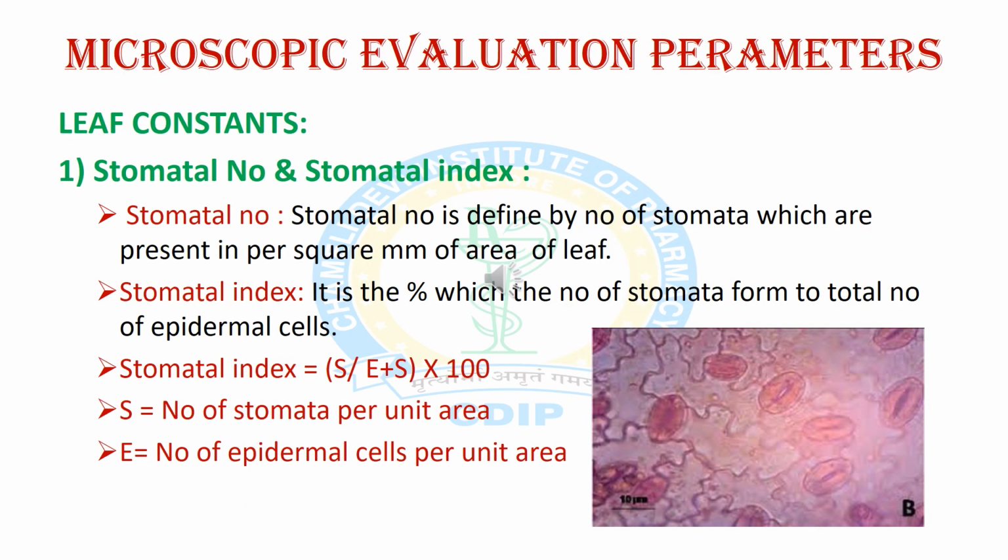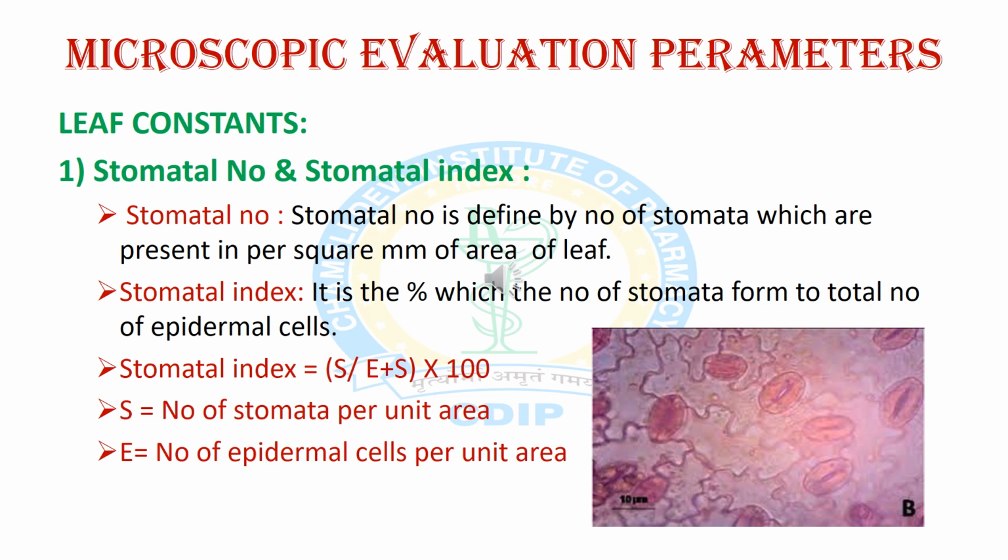Here we will discuss various parameters for microscopic evaluation of crude drugs. First of all, we will discuss leaf constants. There are various types of leaf constants. First is stomatal number and stomatal index. Stomatal number is defined by the number of stomata which are present in per square mm of area of leaf. What is the stomatal index?